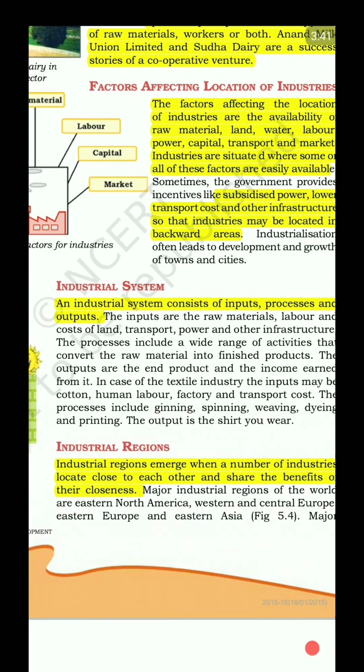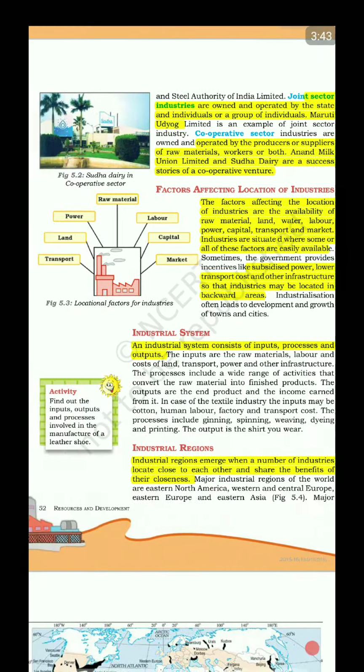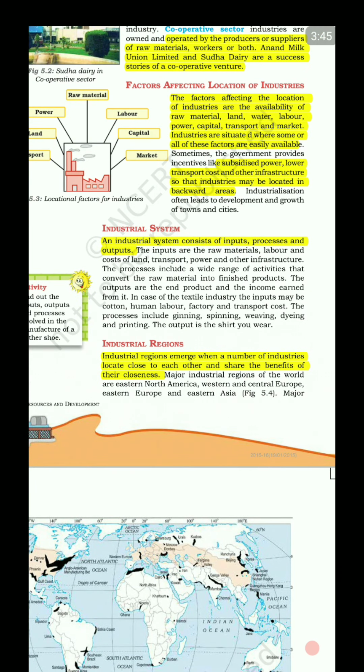If you see the industrial system, the system consists of inputs, processes, and outputs. The inputs are the raw material, labor, and the costs of land, transport, power, and other infrastructure.